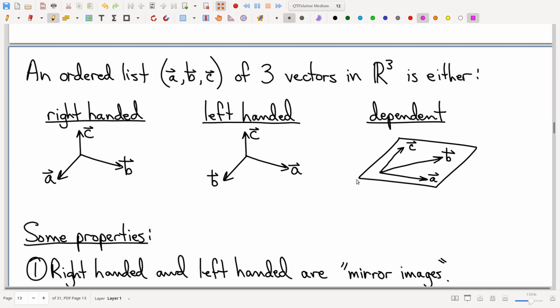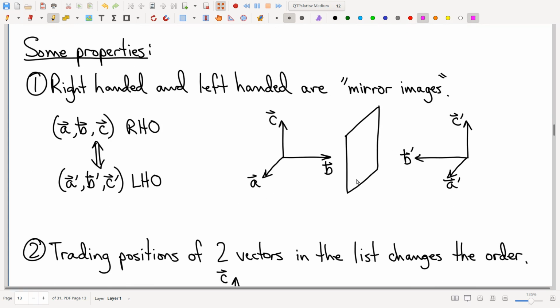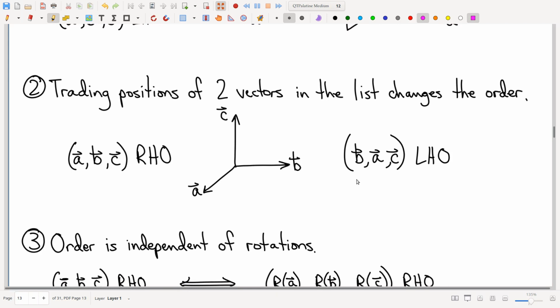By the way, totally awesome. It's got all the same properties. Right and left hands are mirror images of each other. If you trade two of the vectors, you change the order. Now, let's think this through. A first, B second, C third is right-handed.